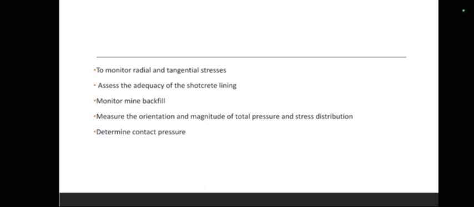They are used to monitor mine backfill, to measure the orientation and magnitude of total pressure and stress distribution within dam embankments and the interface of soil and concrete, and to determine contact pressure on retaining and diaphragm walls, piers, and abutments.